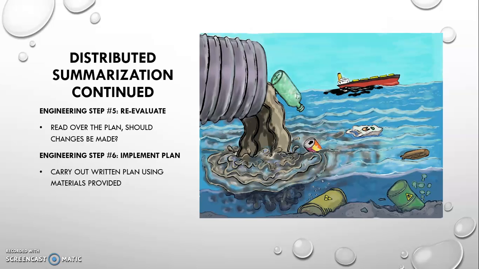When they're done with their plan, they would read over it and they would think, do we like this, or just any changes that we think need to be made? And after they make any necessary changes or decide that it's good, they will move on to step number 6, which would be to actually carry out the plan. So they would have their tub with their water and their oil, and they would actually carry it out. So they would get the materials they said they were going to use, and they would work on cleaning up the oil spill.